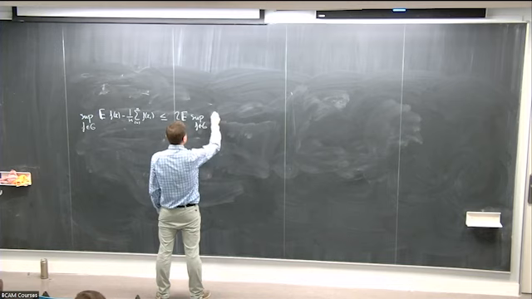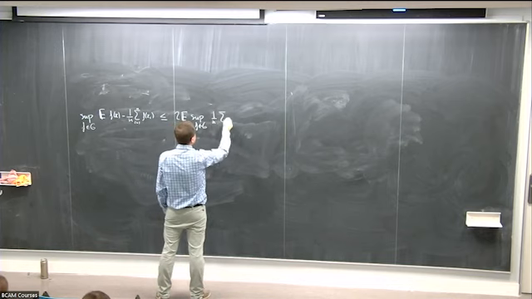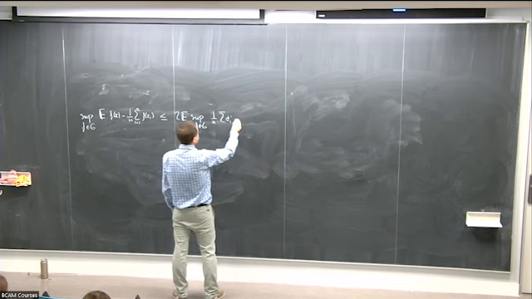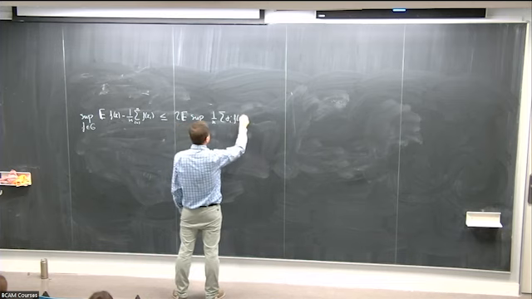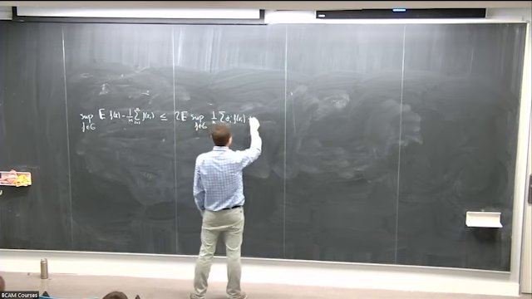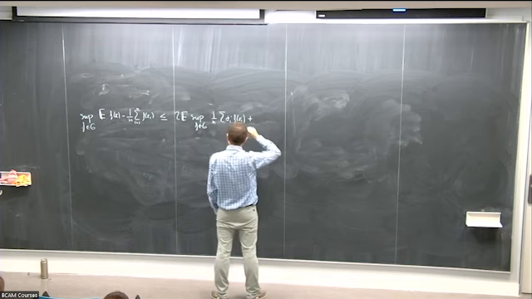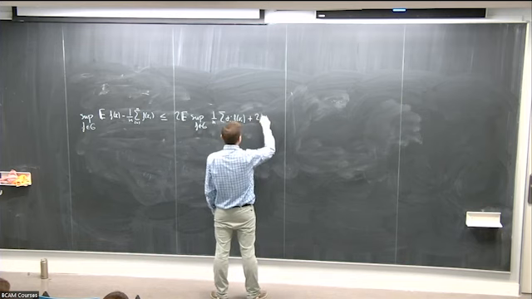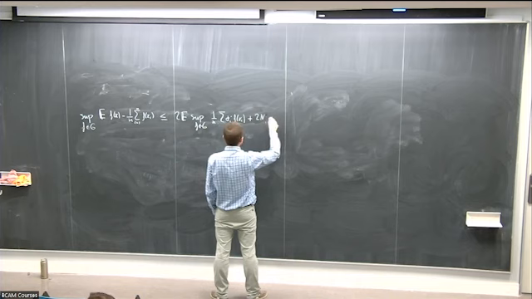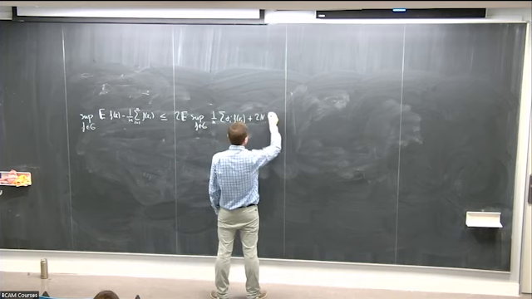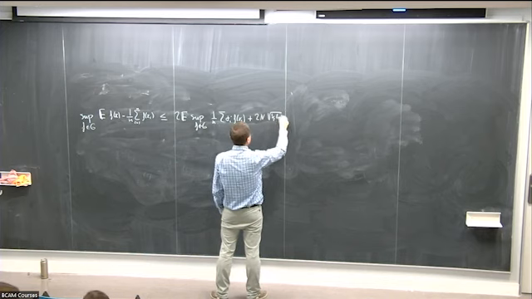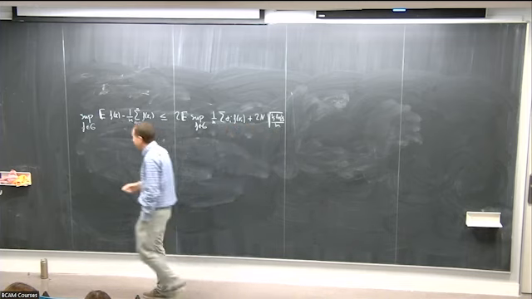Okay, so this is this, plus, times, and now I'm going to explain what these things mean, square root. I think I got the constants right. If not, it doesn't really matter much.